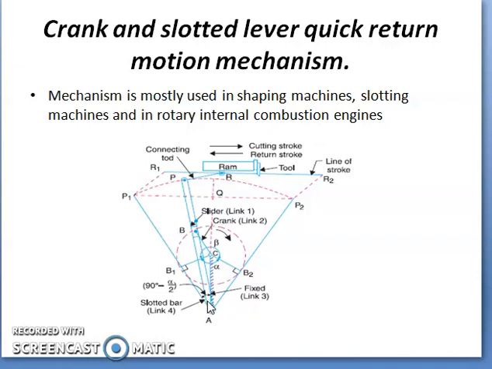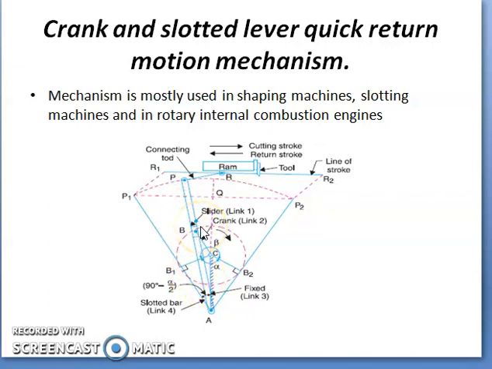Now what happens is, when the crank is rotating, suppose it is moving to this position, the slider will move along the slotted bar. So it will move up and down along the slotted bar.